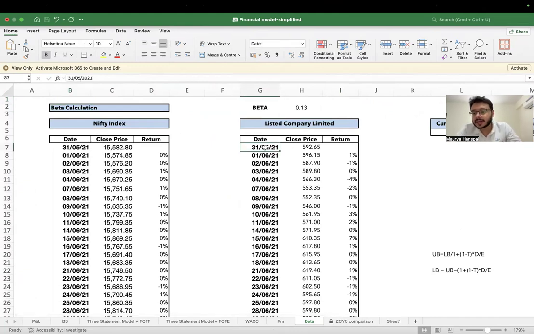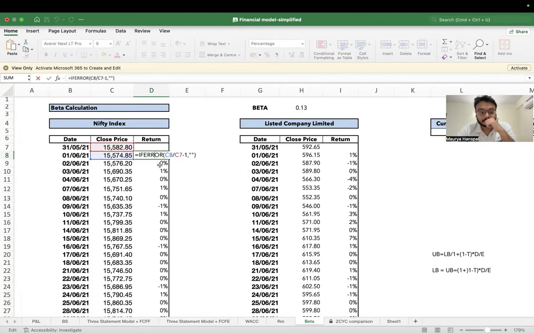And this is again a hypothetical company's data for past 3 years. Again, I've calculated the percentage change in daily returns. Your final value divided by the beginning value minus 1, right? And here what I've done is I've used an IFERROR function. This function simply tells me that if I get an error, for example if my previous value is a higher value, in that case my base will become a smaller number, and the output here might give me an error.